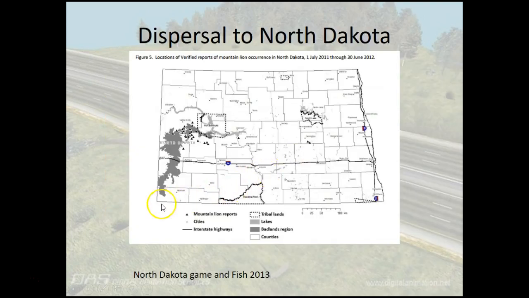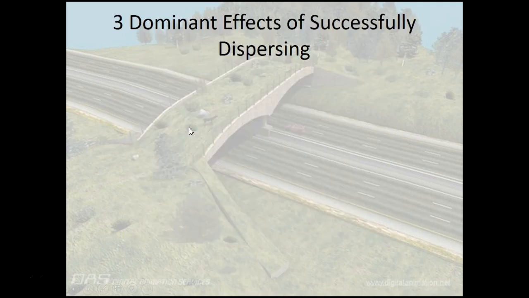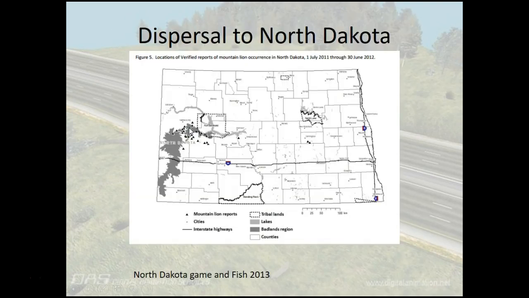And then we think that those animals, like I said, dispersed up here to North Dakota and kind of recolonized this area in North Dakota. So now we get several healthy populations of mountain lions, and people see them fairly commonly, and we think they just dispersed there naturally.